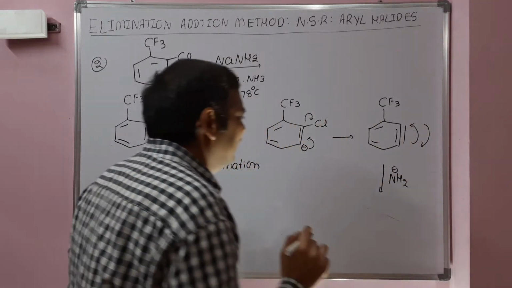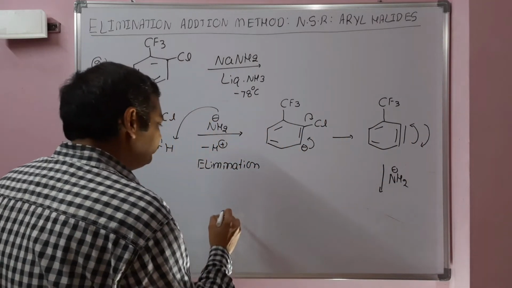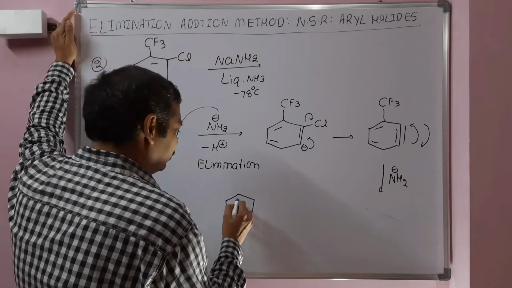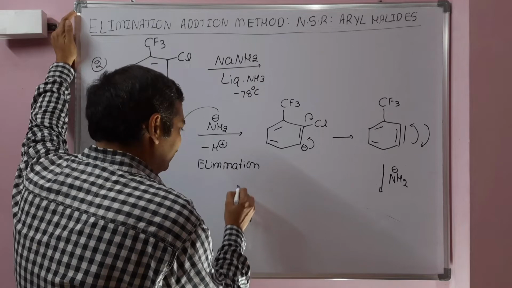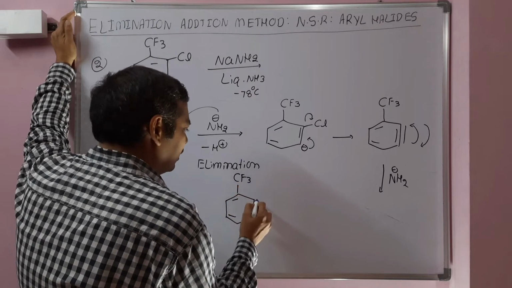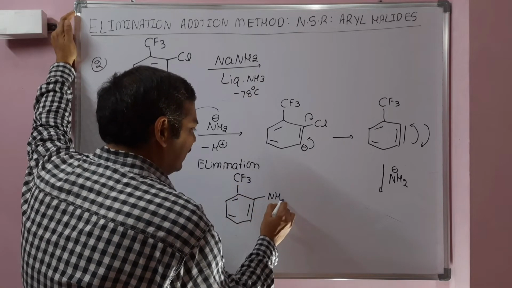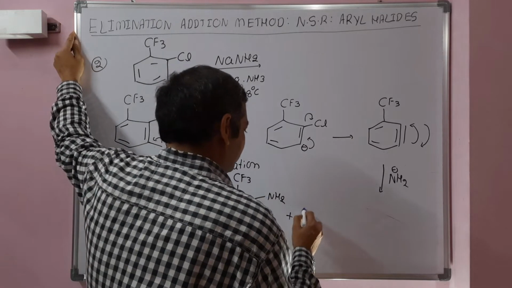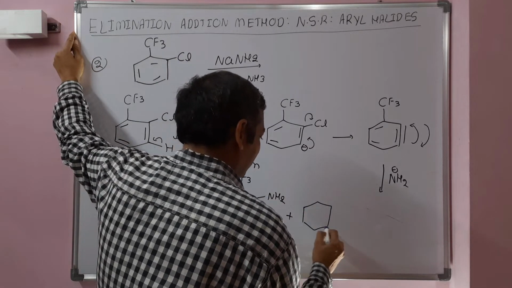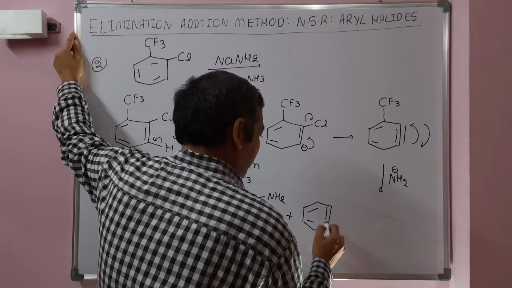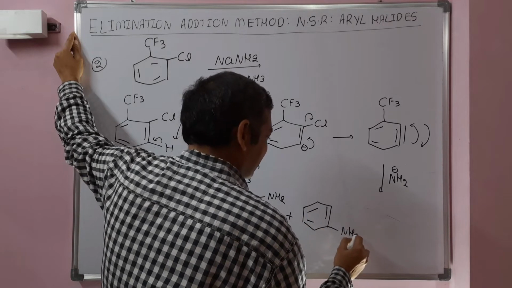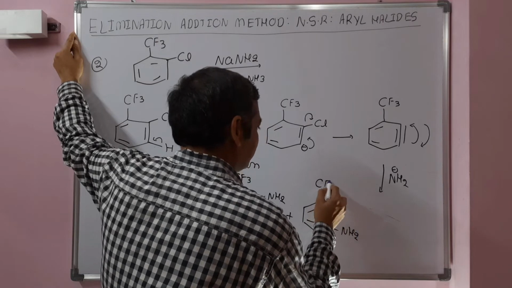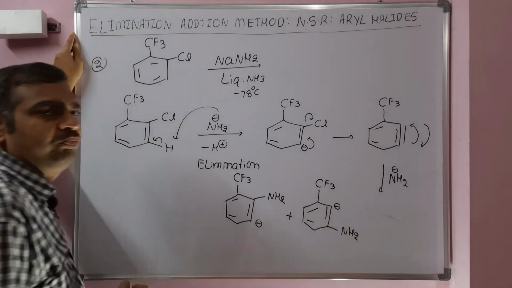So see, we will write the two possibilities here. If NH2 minus attacks at the ortho position, then the negative charge is at meta. If NH2 minus attacks at the meta position, then the carbanion is at ortho with respect to the CF3 group.